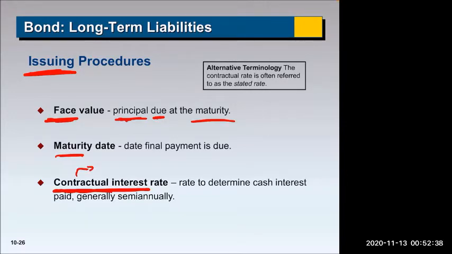Contractual interest rate is the rate that is determining cash payments. It's the rate that I use to determine cash payments on interest. So the contractual interest rate, whatever the rate is that I have on my bond, is how much interest I'm going to pay you.